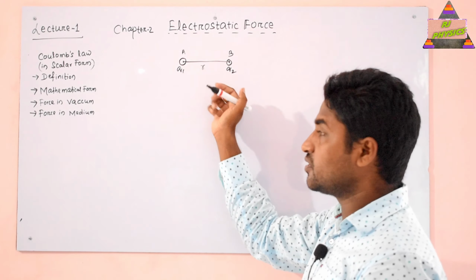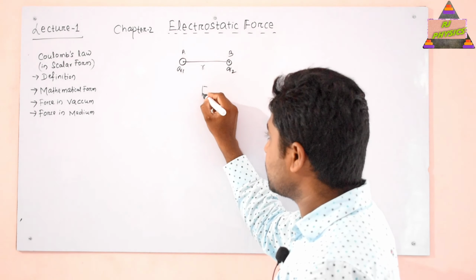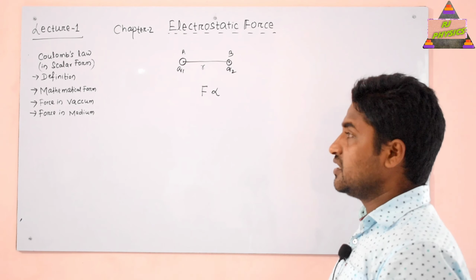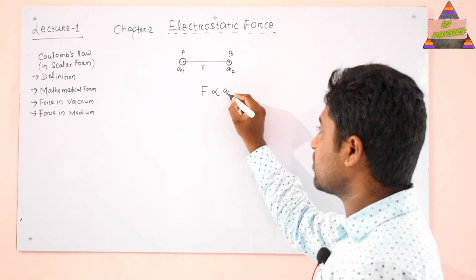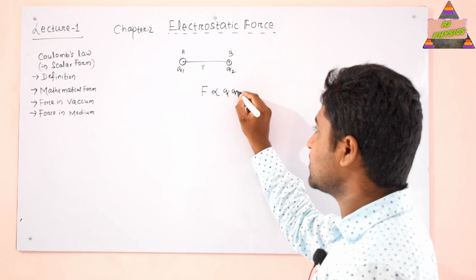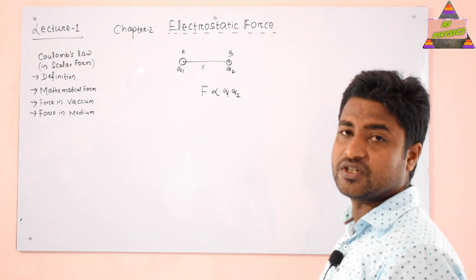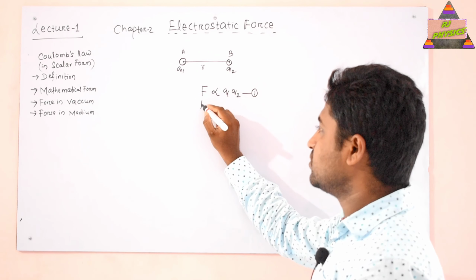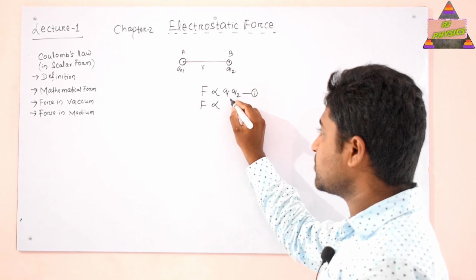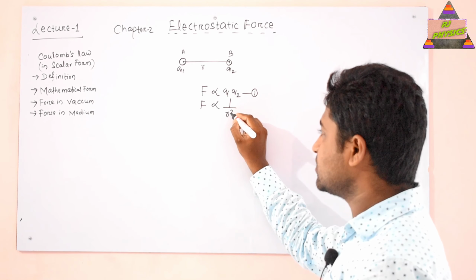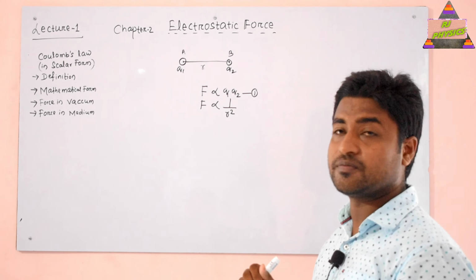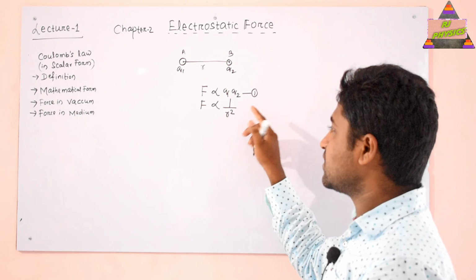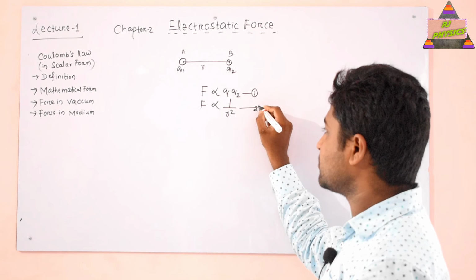Then according to Coulomb's law, the electrostatic force between two point charges at rest is directly proportional to the product of the magnitude of the two charges. F is directly proportional to Q1 into Q2. This is equation 1. Also, F is inversely proportional to the square of the distance between them. That is, F is inversely proportional to R square. Let it be equation 2.